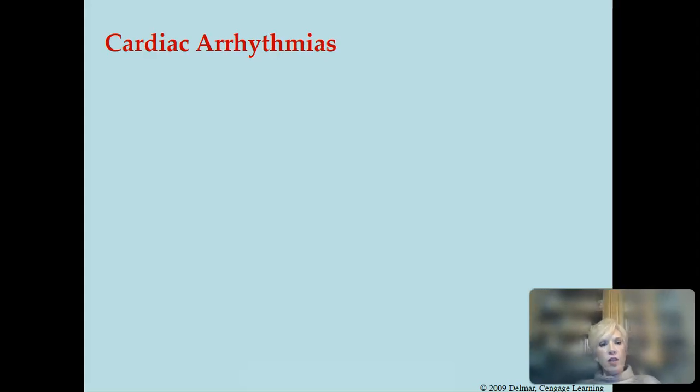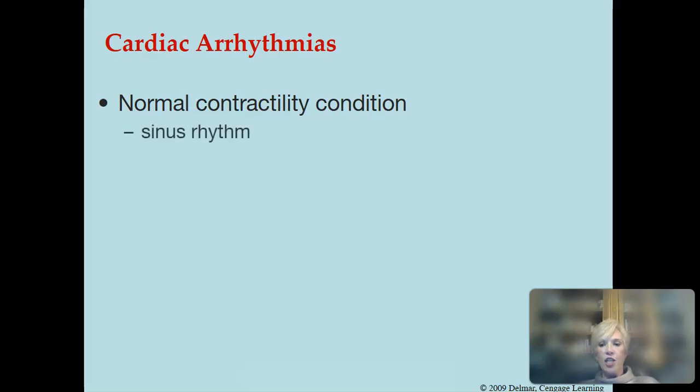Okay, so today we're going to look at cardiac arrhythmias, and the normal contractility condition is called sinus rhythm. If it's in a sinus rhythm, then that is considered normal. In your anatomy class, either in high school or in college, or even if you take the second year courses at Allen Thornton, they go into a lot more detail about the electrical activity that happens in the heart, and what causes the heart to beat.